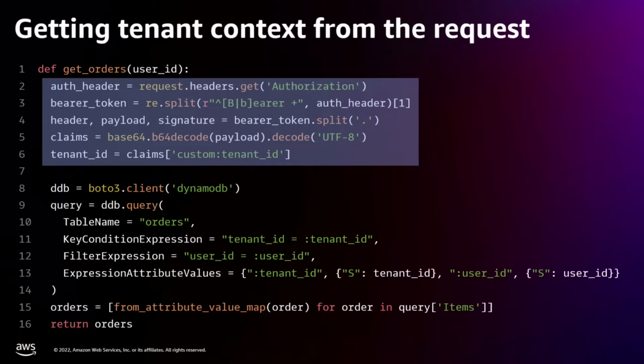You'd think decoding base64 would be easy. Sometimes you've got to pad it out depending on how it was written. There's all kinds of stuff going on here. So this is the perfect example of where we should create some sort of helper for that process that can be reused between all of our microservices. So let's create a token helper so that we can get a tenant ID out of any request.